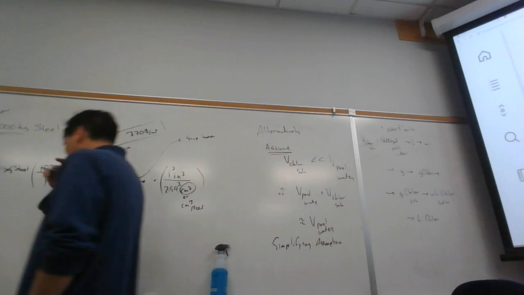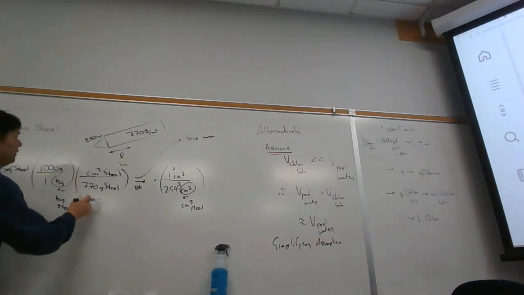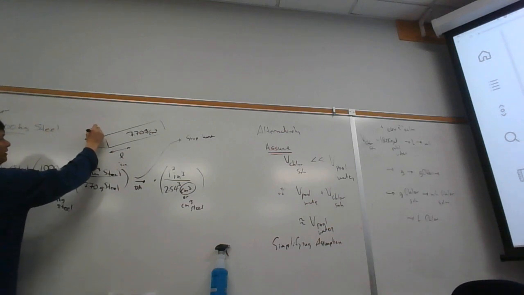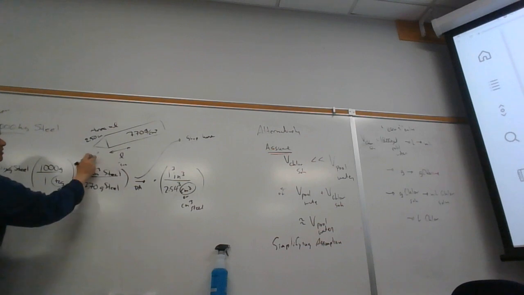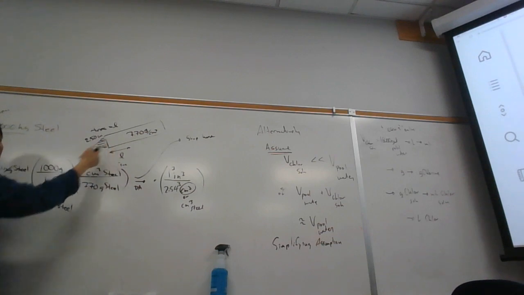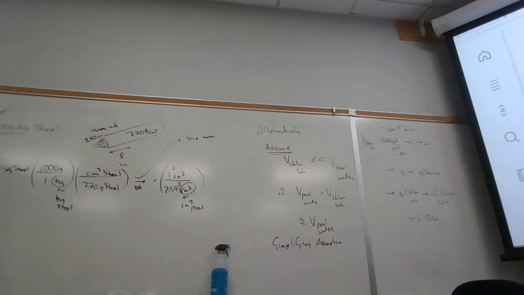Now, there are different ways you can handle this, and I'm going to do it this way. The volume is going to be the area times the length. So I need to figure out the area of this triangle, and then multiply by the length. What is the area of an equilateral triangle?